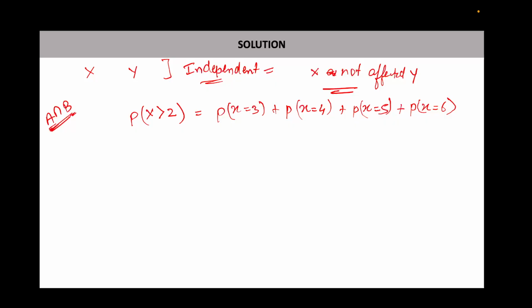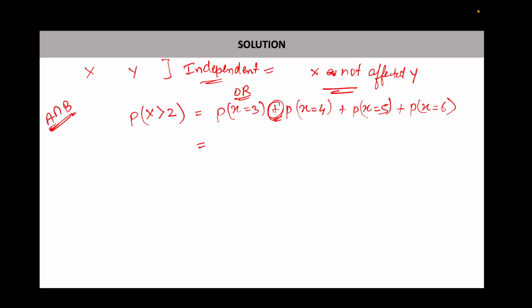But when we are saying that this event or this event could happen, then in that case, you will always sum the values. Now here we are saying that the probability of x being greater than 2. So there are chances that x could be 3 or 4 or 5. We are using the word or here. So when we use the word or, we always sum up all the probability values.